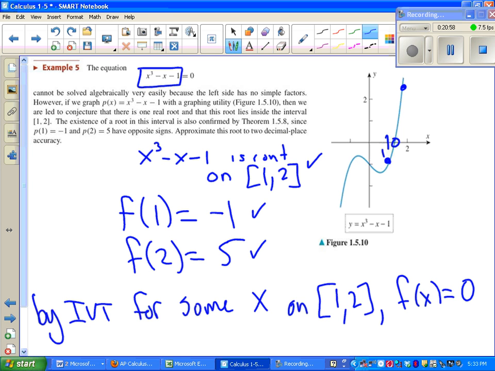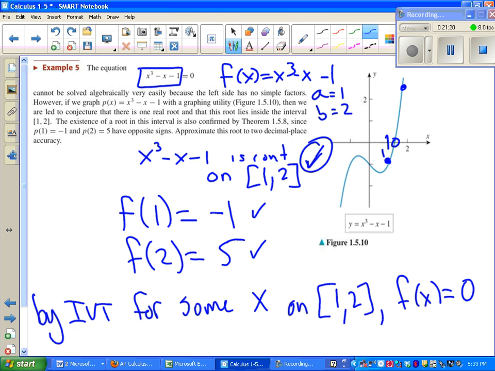The exact wording says, if f is continuous on a closed interval a to b, here's our f of x. We saw that it was continuous on a closed interval a to b. In this particular problem, a equals 1, b equals 2.